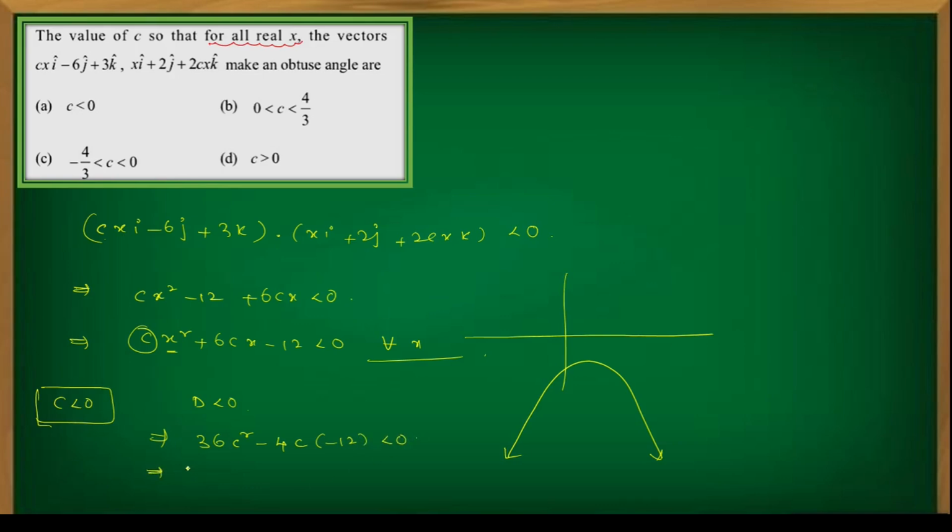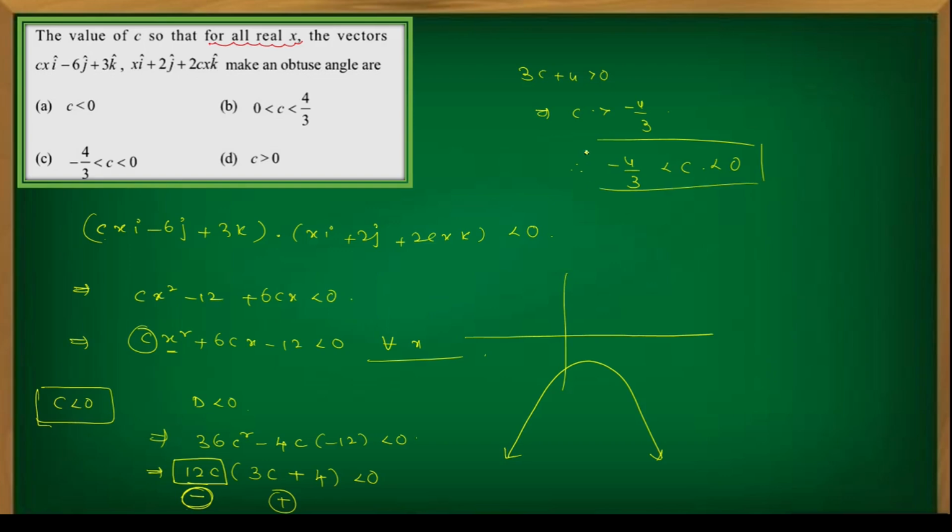Taking 12c common, we get 12c times (3c plus 4) is negative. The product is negative, but 12c is already negative, so 3c plus 4 should be positive, which means c should be greater than minus 4 by 3. So minus 4 by 3 is less than c, and c is less than 0, which is option C.